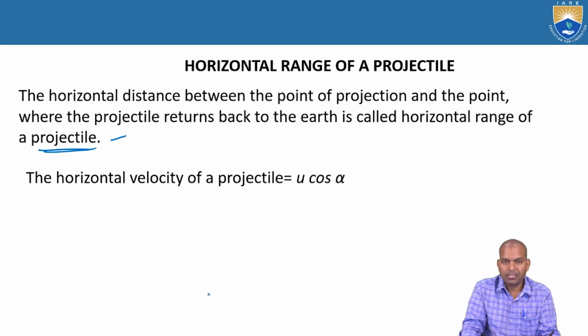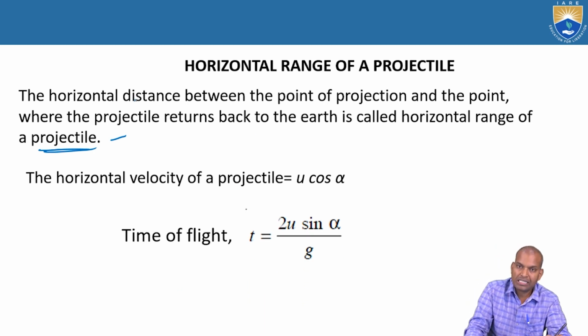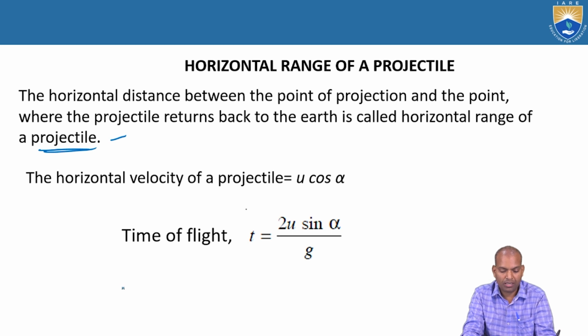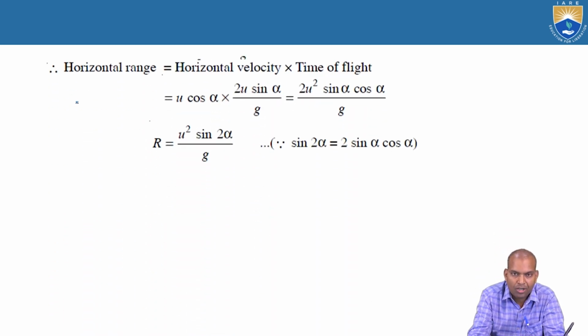Now, the horizontal component of the velocity of a projectile is u cos alpha. Then we know the time of flight, that is 2u sin alpha by g. The horizontal range depends on the time of flight, t equal to 2u sin alpha by g.